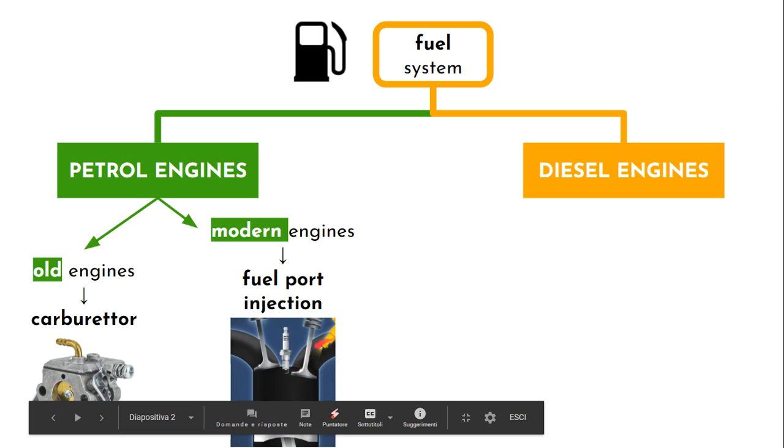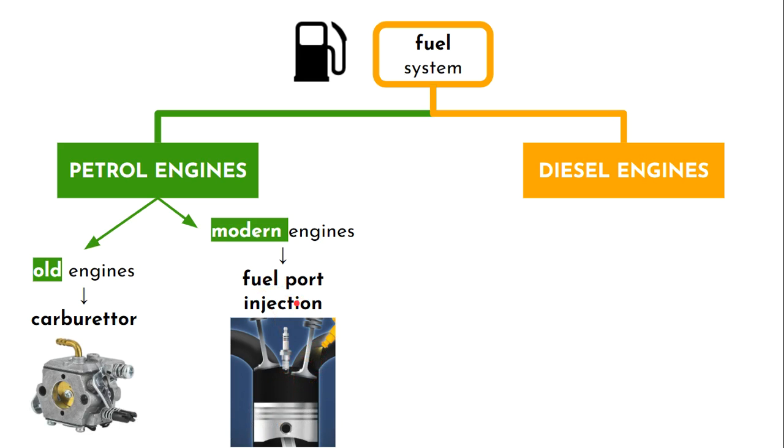So here you have air flowing, and here you have the injector, which sprays petrol. So in this area of the pipe, air and fuel, air and petrol mix before entering together the combustion chamber. Okay? Fuel port injection.